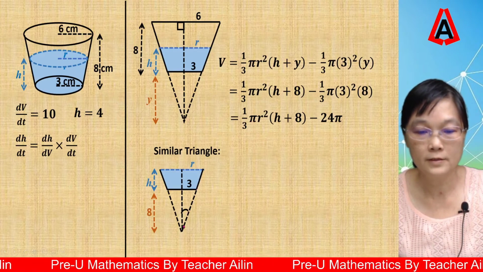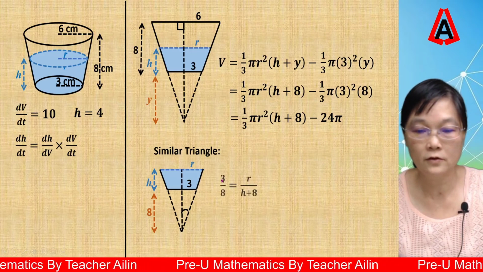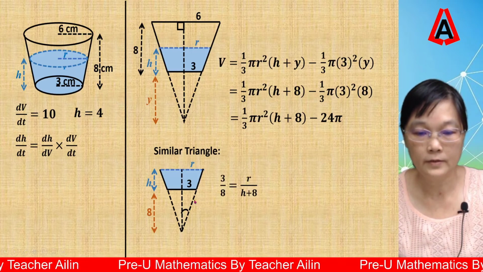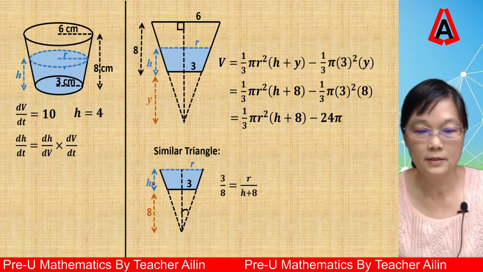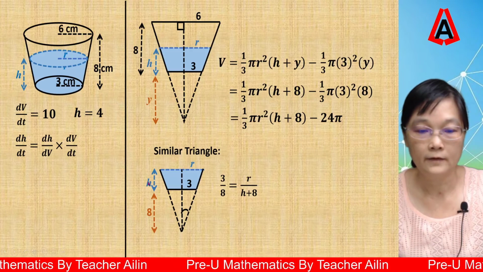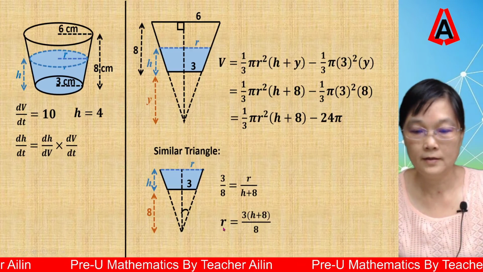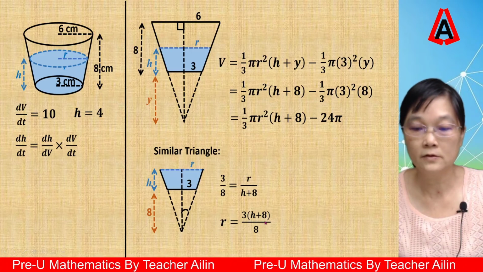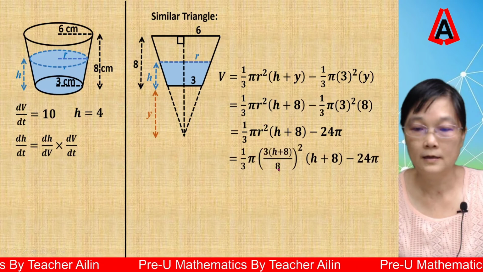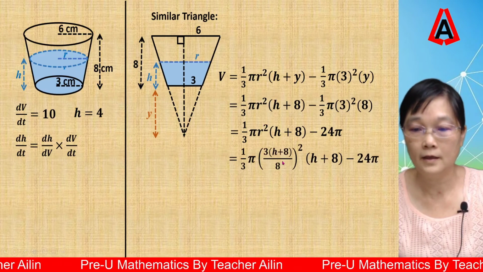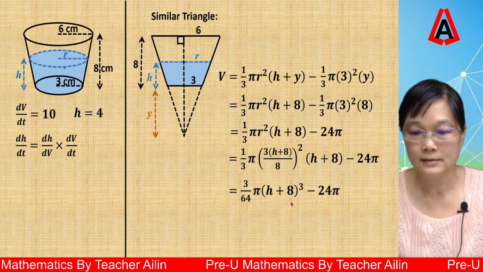For the smallest triangle, for this angle, the tangent is 3 over 8, and for the bigger triangle, for this angle, the tangent is r divided by h plus 8. When I simplify, I get r in terms of h. Now I replace r in terms of h, and when I simplify, I'll get something like this.